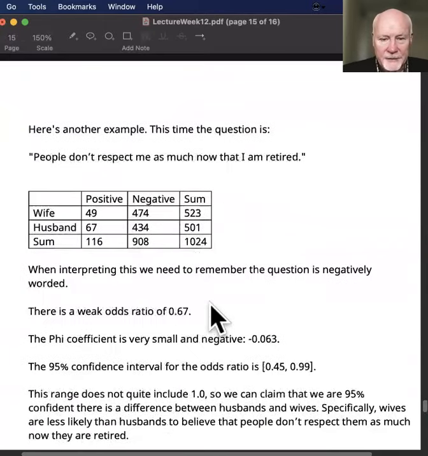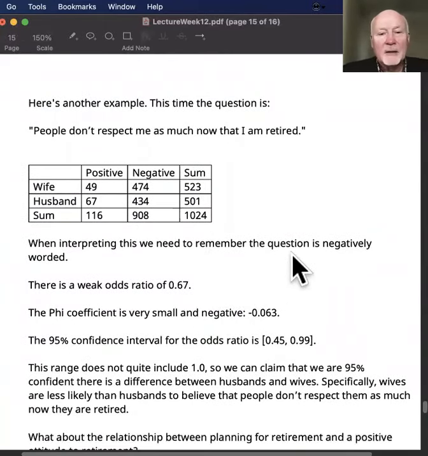So I'll do another one with husbands and wives. This time the question is, people don't respect me as much now that I'm retired. And again, we've got the contingency table there with the margins. Now, in this case, the question is negatively worded. What we're interested in, our dependent variable, is the question, and the independent variable is husband-wife.